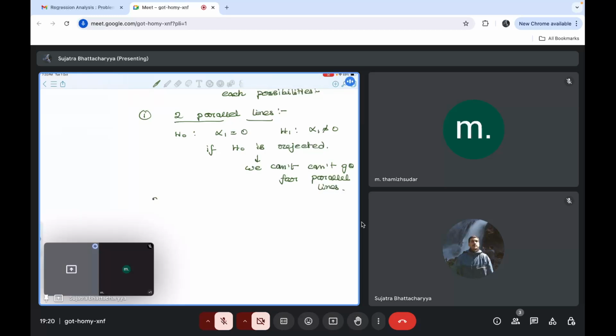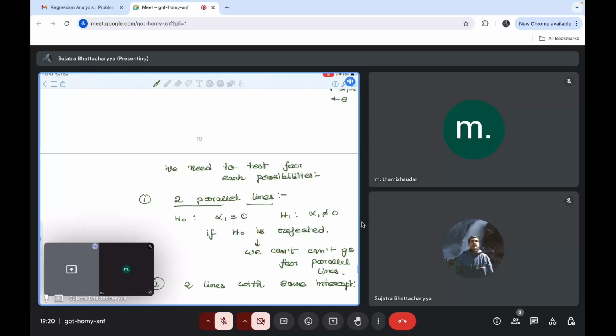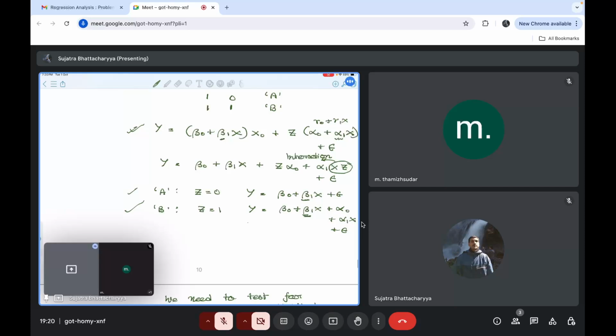But let us first see two lines with the same intercept. What we need to do here? See, slopes might be different, it does not matter, but intercept should be the same. Let it be beta naught. Therefore, alpha naught has to be 0, then only beta naught will be the same for both the cases.